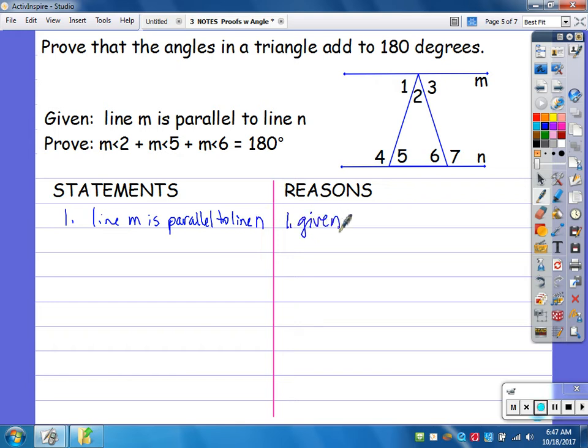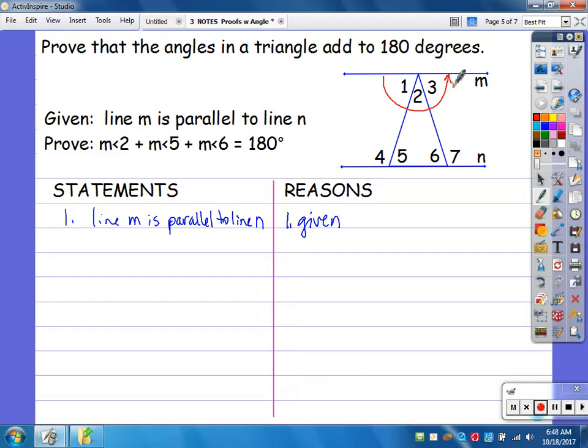All right, so I need to figure out something else I know. Well, this is where this proof's a little bit tricky, because there's a lot of things labeled and you're starting from scratch. But one thing that I do know is that I have a straight line here, and every time you have a straight line, angles that form a straight line should add up to 180 degrees. Now, we wouldn't want to say supplementary, because supplementary specifically means that two angles add to 180. But what I can say is that angles that form a straight line add to 180 degrees.